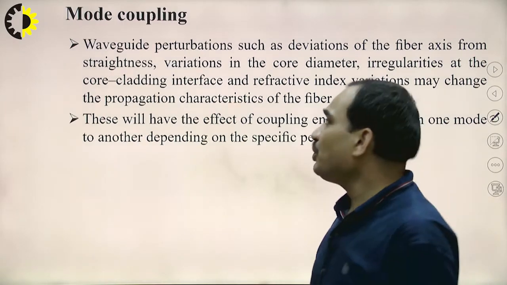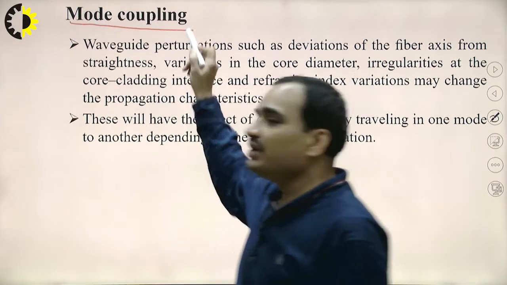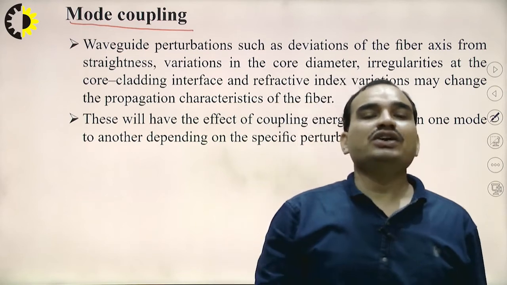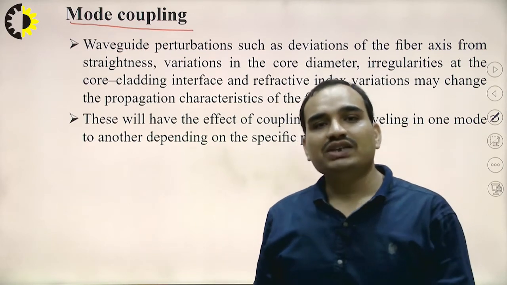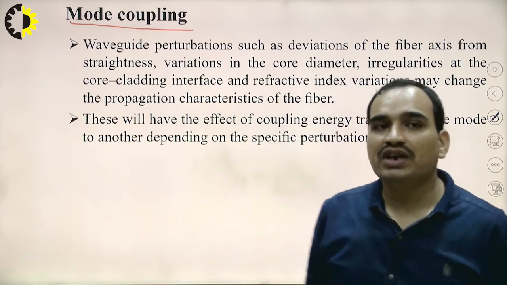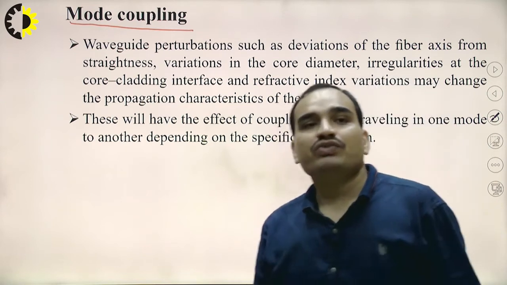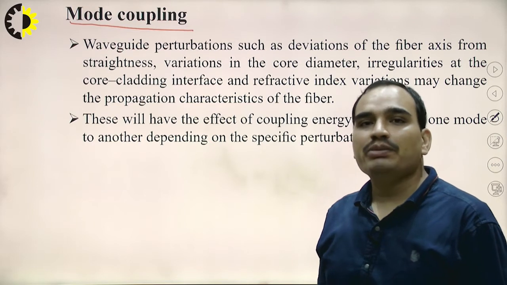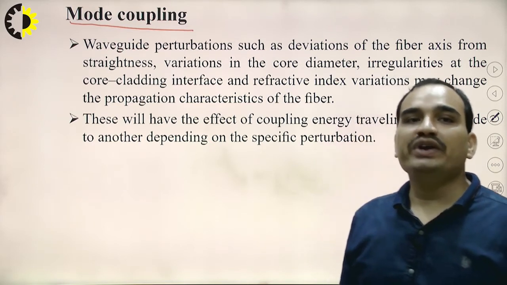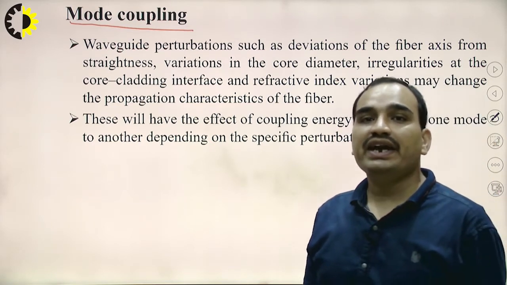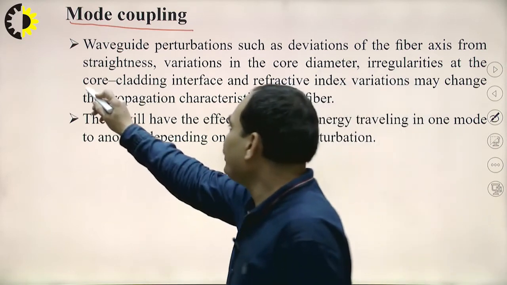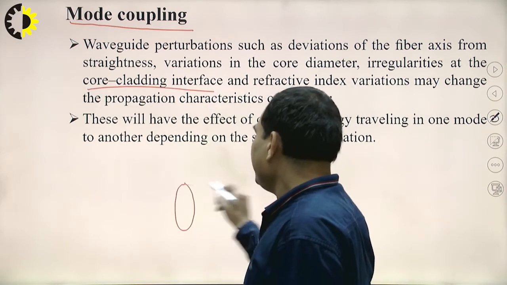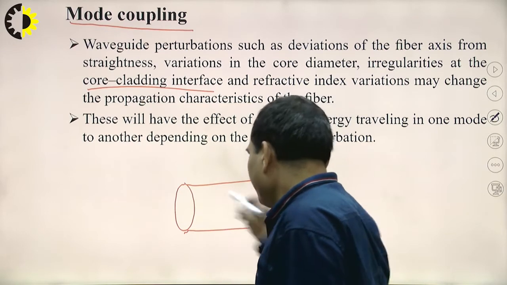Now the next important topic is mode coupling. Mode coupling means when the energy of one mode is transferred to another mode. Now let's understand what that is. The waveguide perturbations such as deviations of the fiber axis from straightness, variations in the core diameter, and irregularities at the core cladding interface.